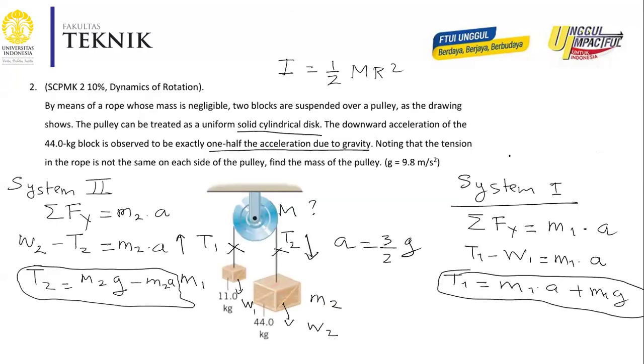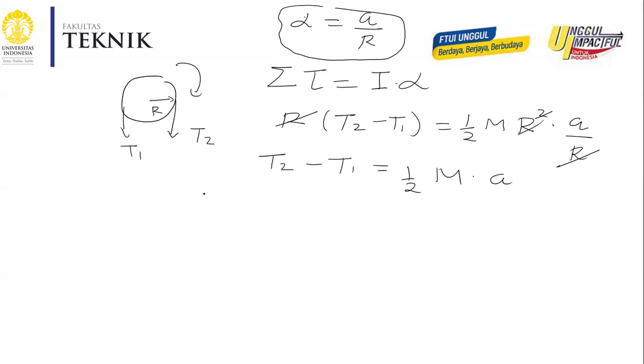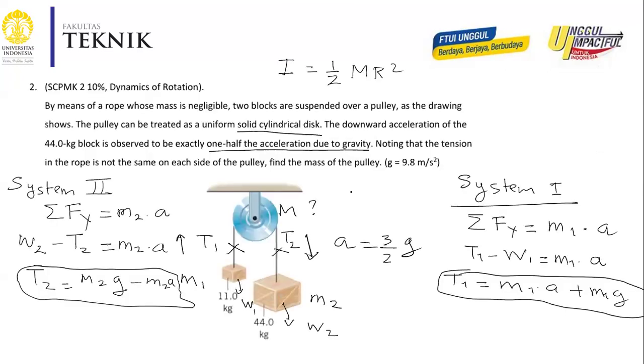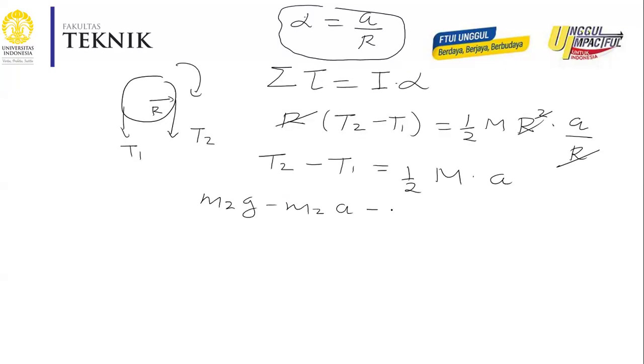So T2 is M2 times G minus M2 times A, minus T1, and T1 is mass 1 A plus mass 1 G. This is equal to half the mass of the pulley times A. So we can move the A to the right side.